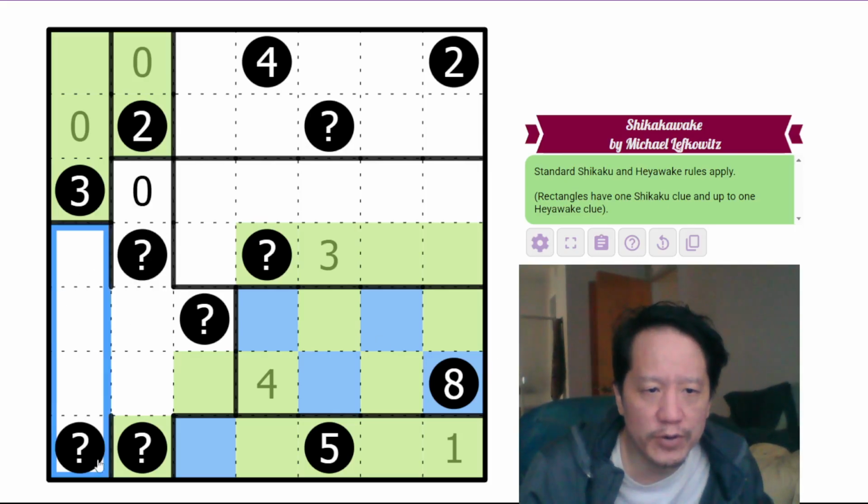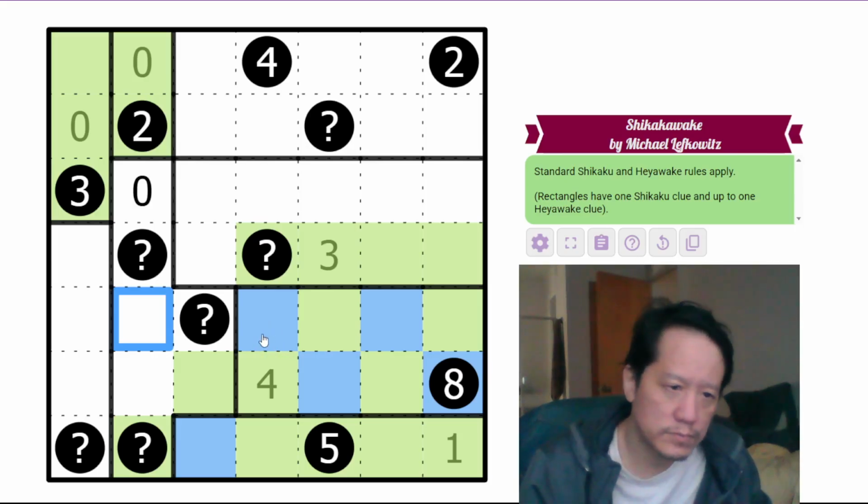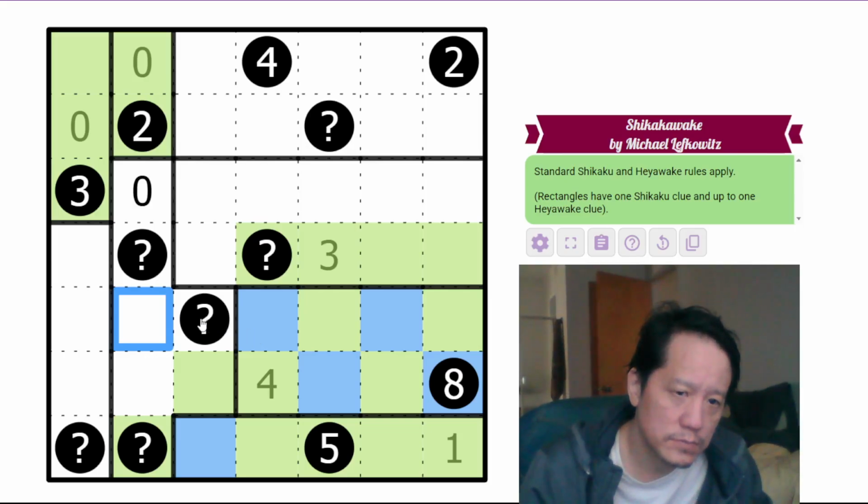So this would have to be part of that region. So it cannot be the full 4 that way.